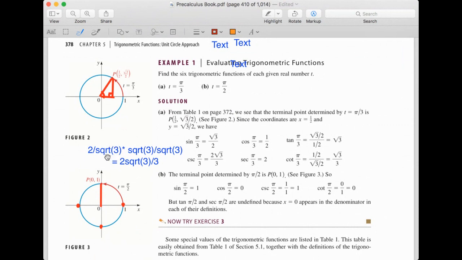Just flip the numerator and denominator because it's an inverse, a reciprocal, like 2 and 1/2 are reciprocal to each other. You just put a 1 over it. Then we need to rationalize the denominator. We multiply by square root 3 over square root 3, so we change the denominator to be 3, a whole number.